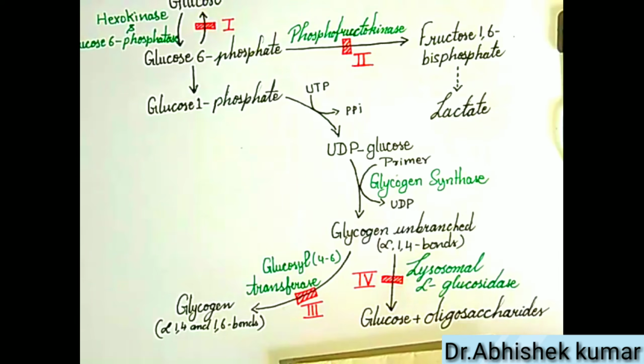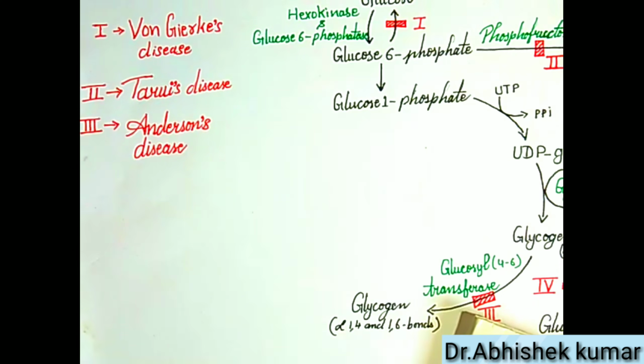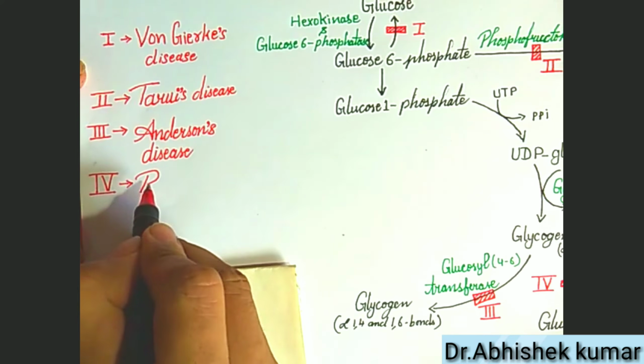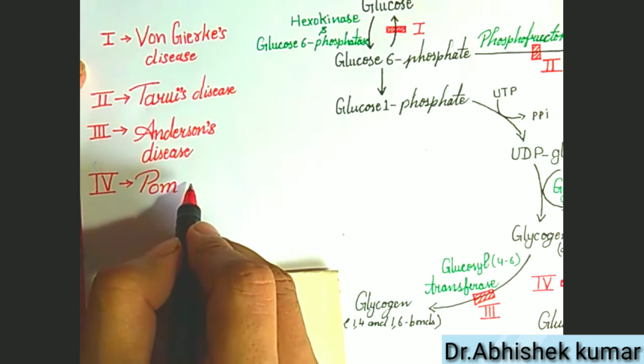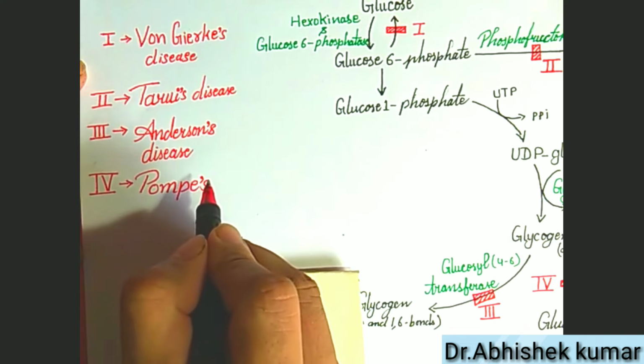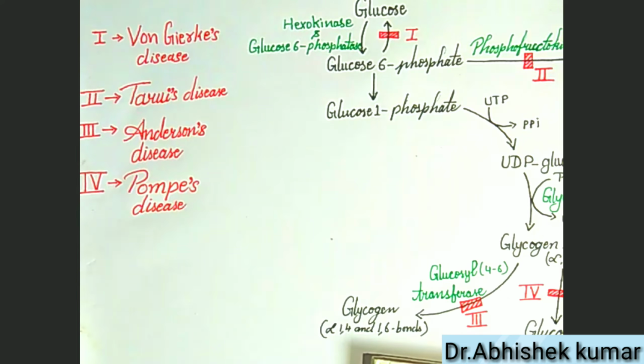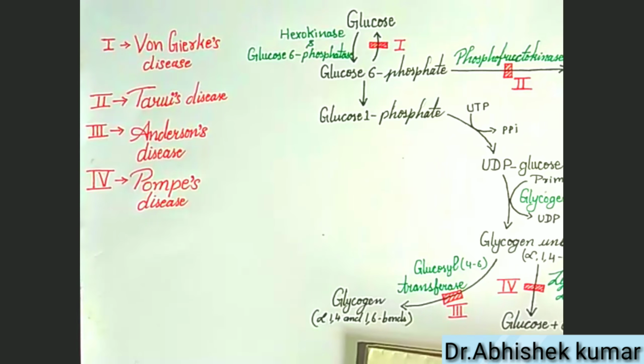Deficiency of lysosomal alpha glucosidase leads to the fourth disease, called Pompe disease. Pompe disease is due to the deficiency of lysosomal alpha glucosidase.